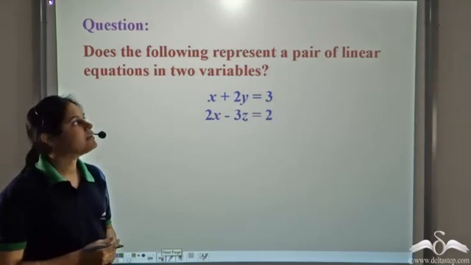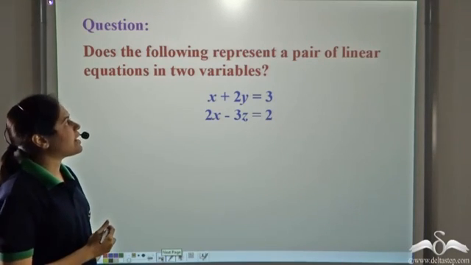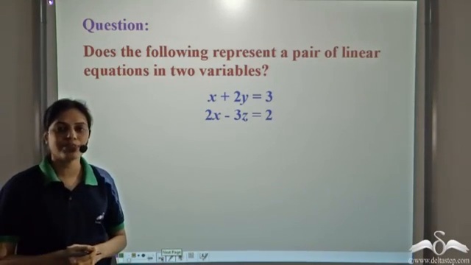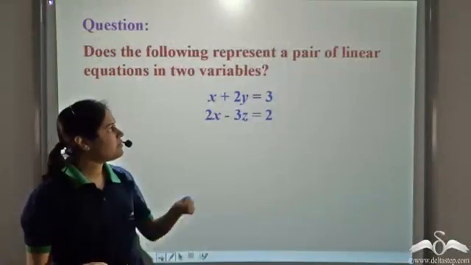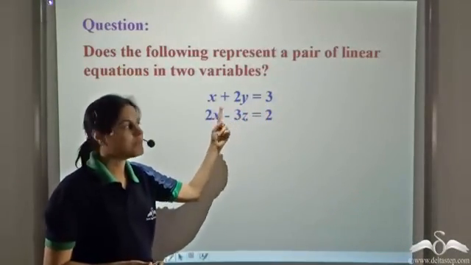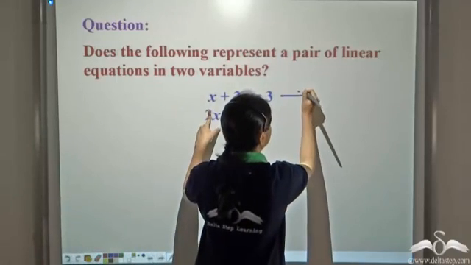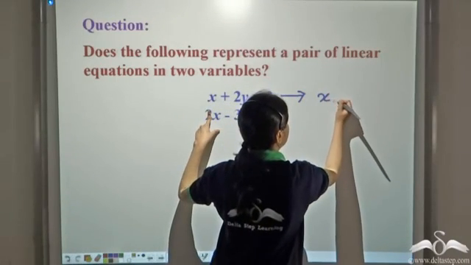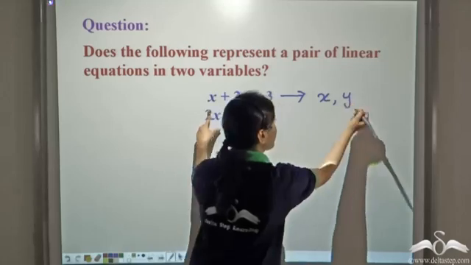Now can you tell me, does the following represent a pair of linear equations in two variables? Well, this is a linear equation in two variables. So this is a linear equation in two variables, x and y.